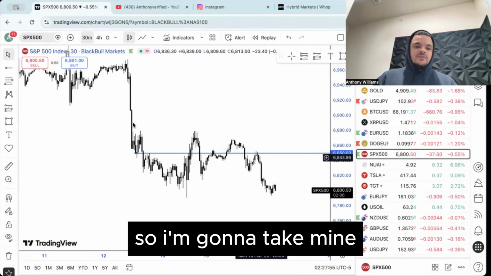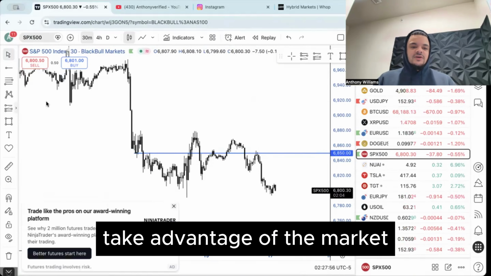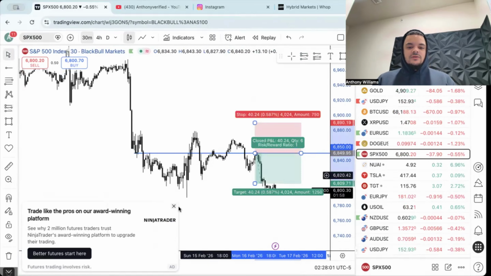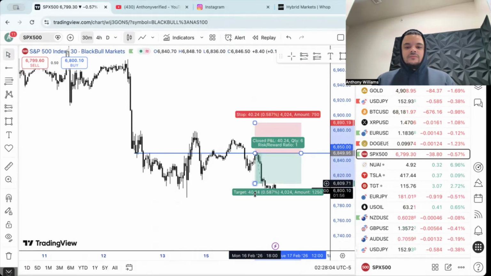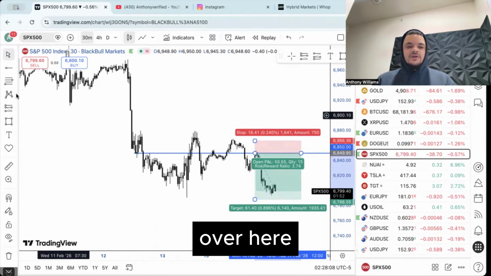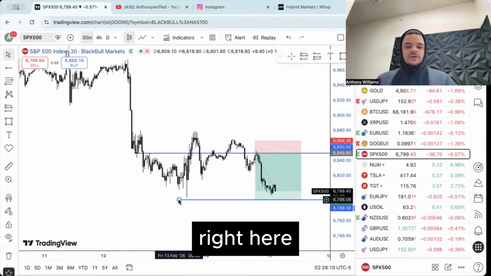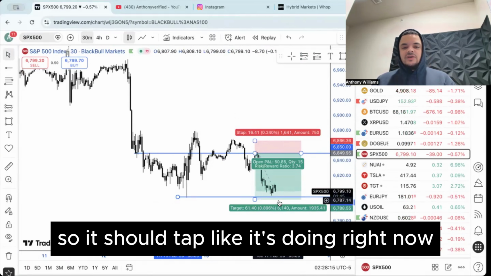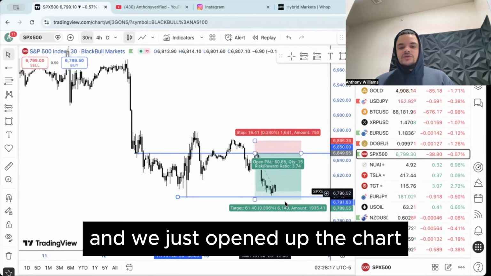So I'm going to take advantage of the market, and I'm going to sell all the way to where it hits over here. So it should tap like it's doing right now. And we just opened up the chart.